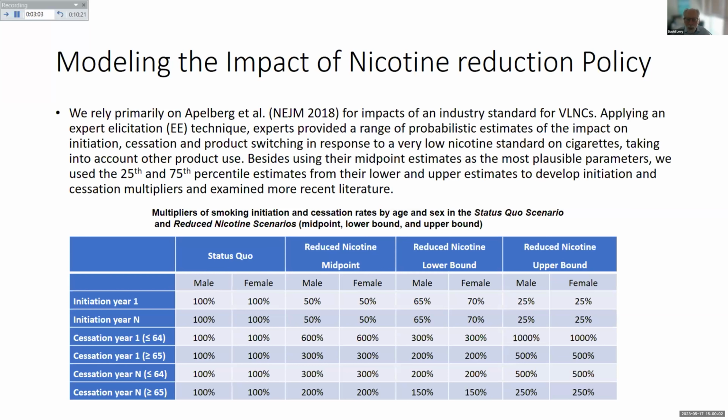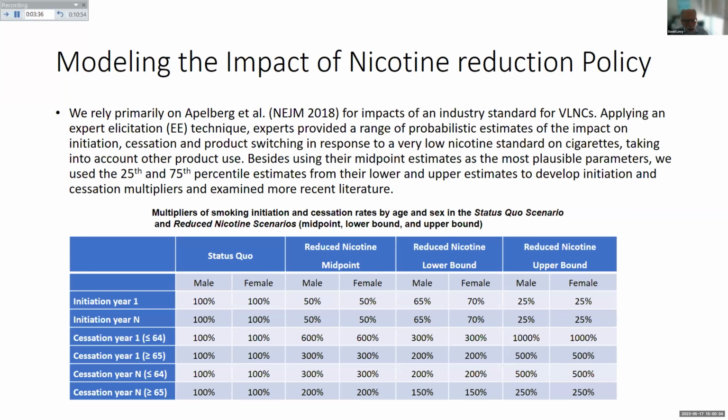In a sense, the important and more immediate impacts, especially impacts on public health, are through cessation. And here there is a difference. We expect that more people will quit in the first year. And so we use a 6 times or 600% multiplier to the status quo cessation probabilities, but it's lowered in the following years.